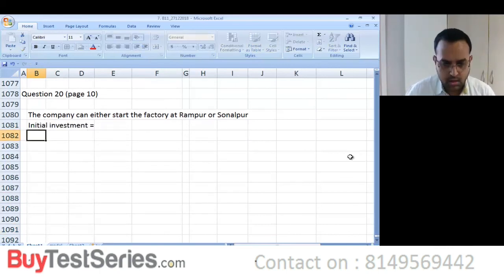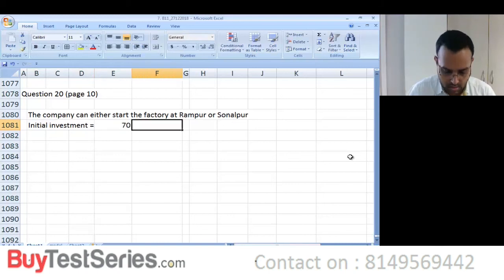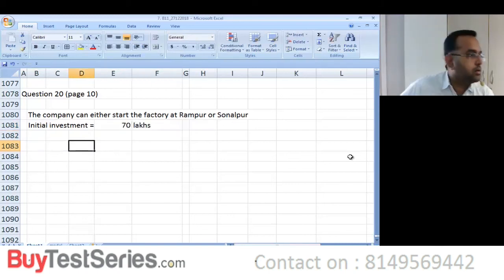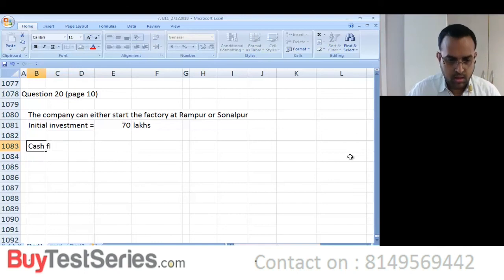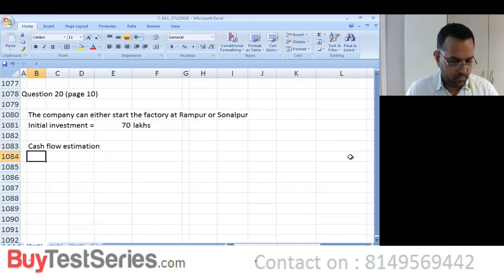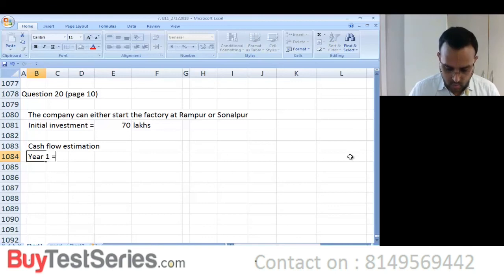Initial investment is 70 lakhs. Year 1, the cash flow is 30 lakhs.